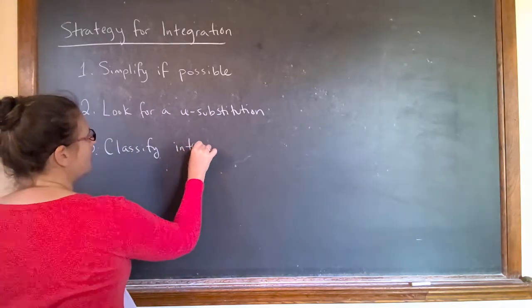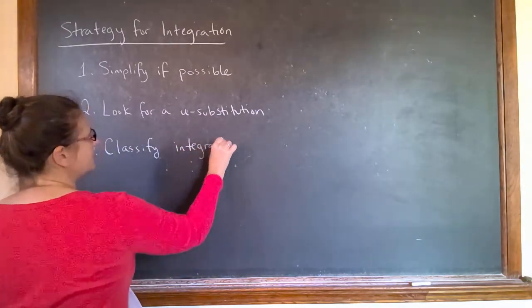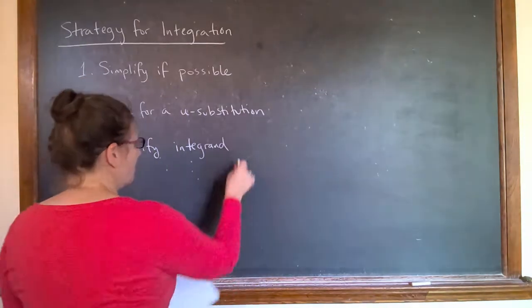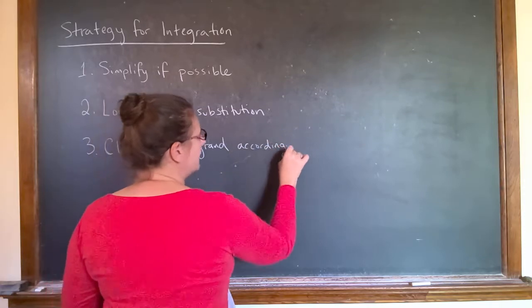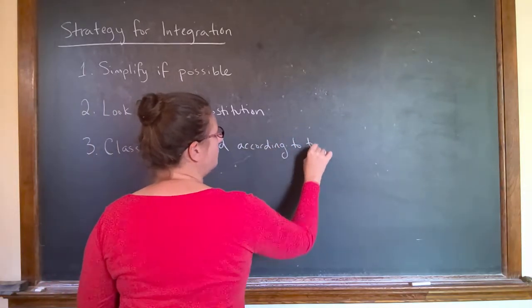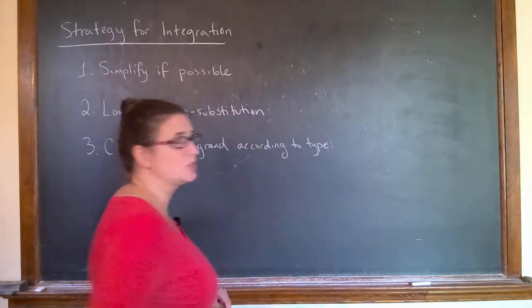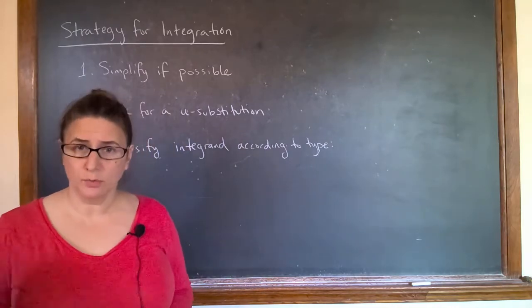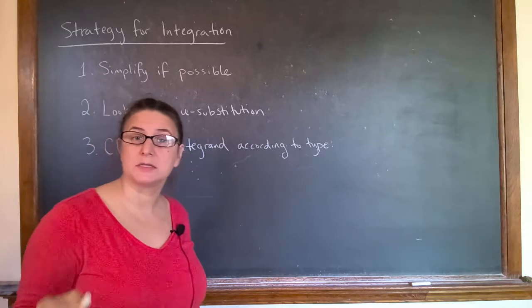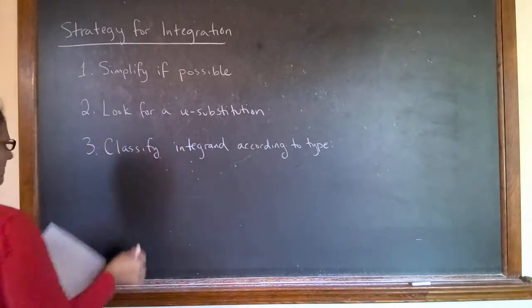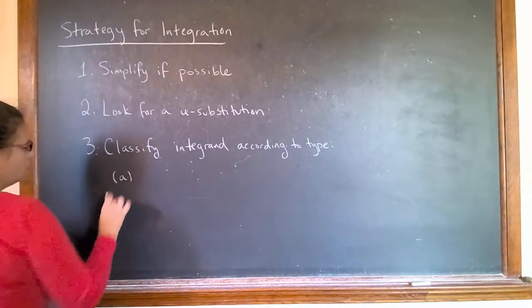So you've got a couple of things that you can do with your integrand. This is basically mentally going through all of the things we learned in chapter 7 and seeing which technique makes the most sense to start out with. These are in no particular order.